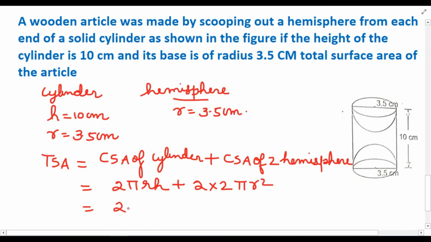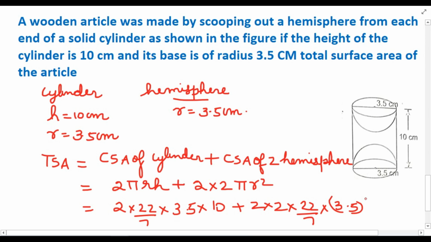Now we can substitute the values: 2 into 22 by 7 into radius 3.5, height 10, plus 2 into 22 by 7 into r square, which is 3.5 the whole square.